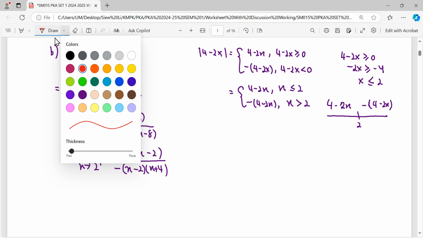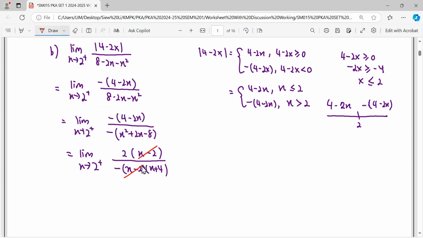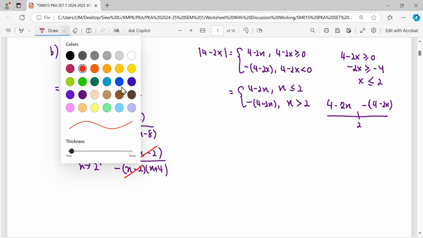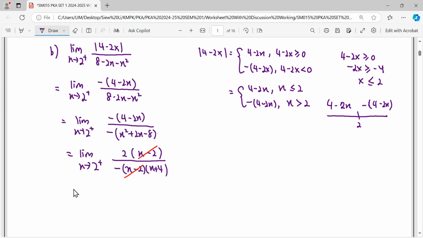Therefore, you can notice here we have a factor that can be simplified. So after you simplify this factor, you can evaluate your limit. Substitute the 2 inside here. So here we have negative 1 over 3.